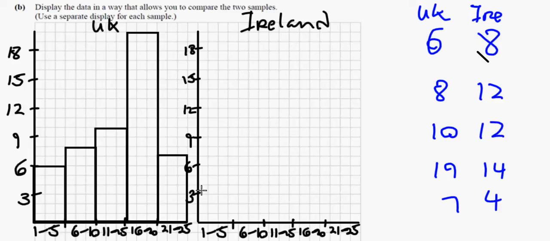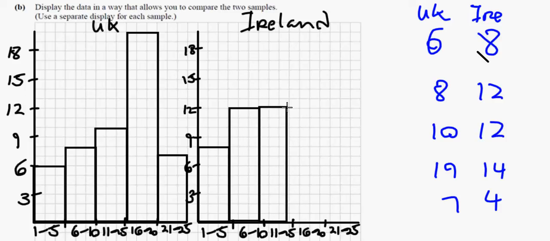Now, onto the Irish one. We go on 8 on the first one, which is here. 8 people. Then we're going 12 people for the next one. And then 12 again for the third one, 11 to 15.